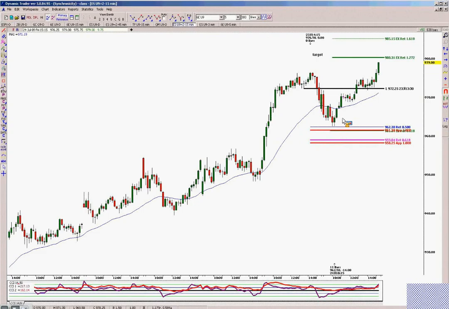There were multiple potential entries as long as the original zone held, but the first test of a zone is really the highest probability setup there. But there were other times that you could enter the market knowing that the potential off of this trade zone, which was never violated, was to the 980 area. And we ended the day without getting up to the zone, the target 980.